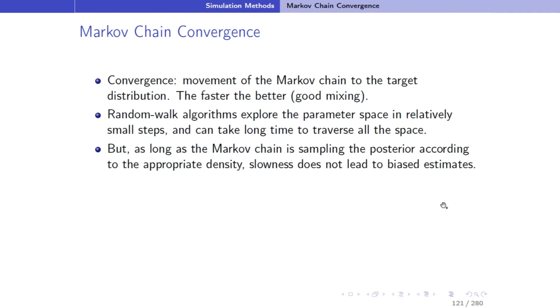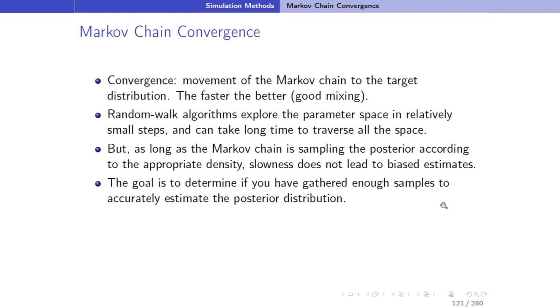A random walk algorithm can explore the parameter space, but it can take a long time to do it. However, that's a question of efficiency. It's not fatal, in the sense that as long as the Markov chain is sampling the posterior distribution to the appropriate density, slowness does not lead to biased estimates.